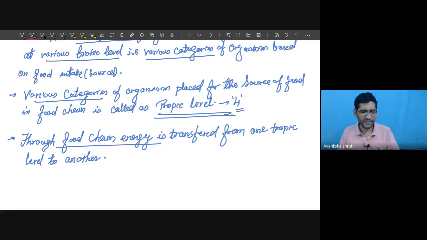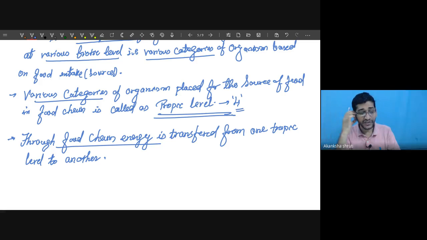We will see how much energy is transferred. All those things we have to learn. Students, based on the level in the food chain and the activities performed, these organisms can be classified into 3 categories.